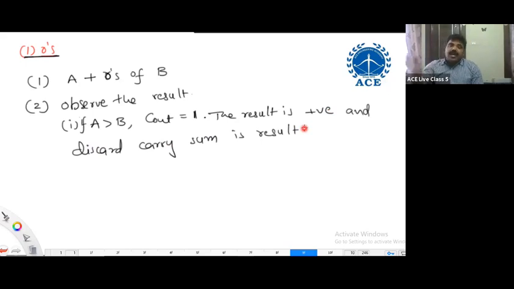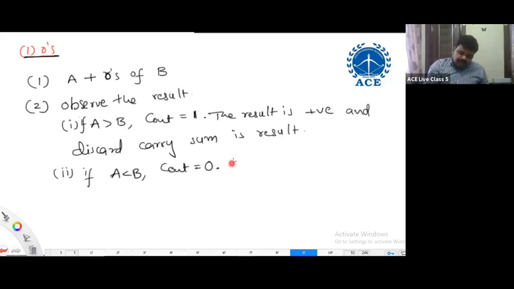Or when final carry out is 1, the result is positive, then discard that carry, sum is the desired result or expected result. Second condition is if A is less than B, final carry out 0. I'm not saying that all the carries are zeros. What I'm saying here, carry from MSB or carry from most significant digit will be 0.